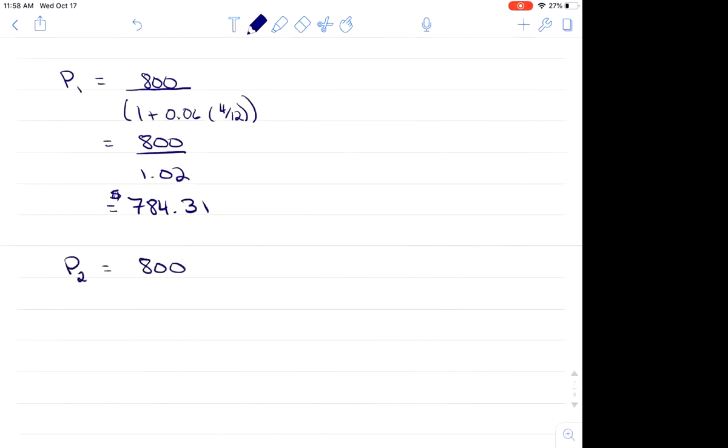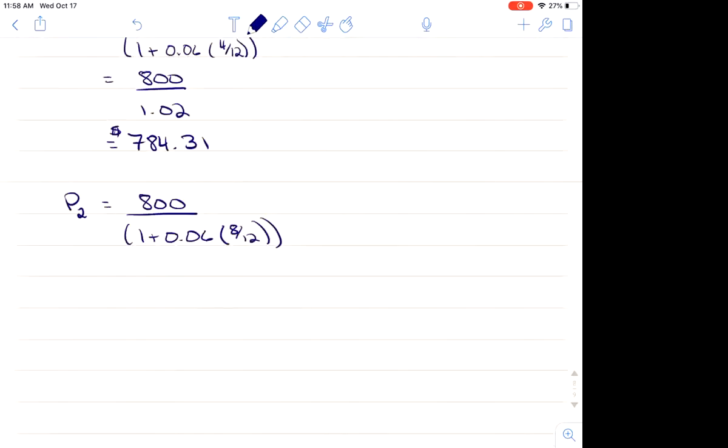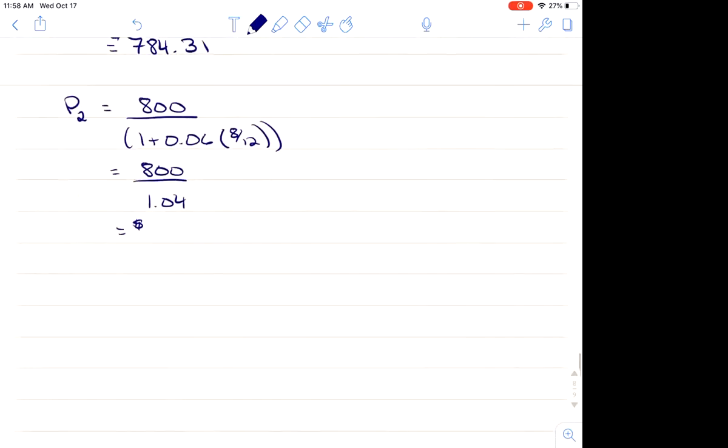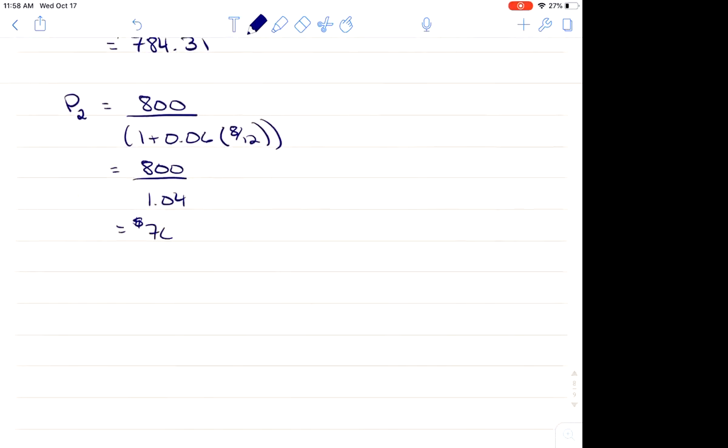P2 is 800 over 1 plus 0.06 times 8 over 12. Same thing, 8 divided by 12 times 0.06 plus 1. 800 divided by 1.04. Same idea, I can just round to dollar amounts. 769.23.